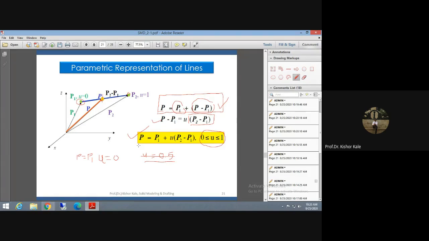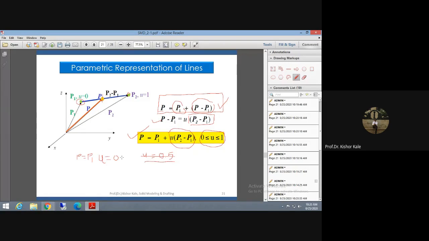Now check what happens here. U becomes 0, so P2 minus P1, whatever value it is, is multiplied by 0. That means this total term would be 0. If this total term is 0, then P equals P1. Point P lies at P1. That is what we assumed, that P is at P1. This is proved.